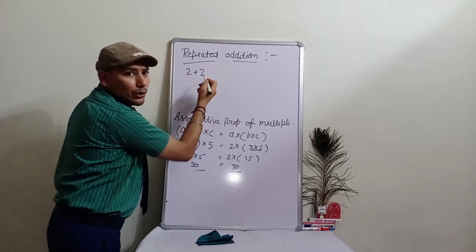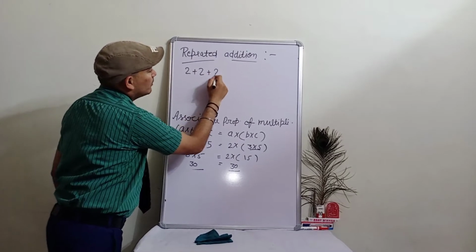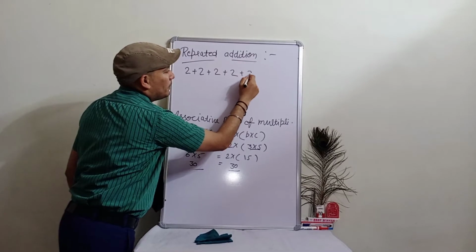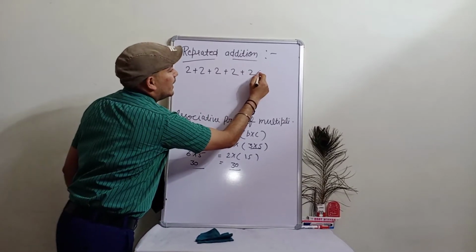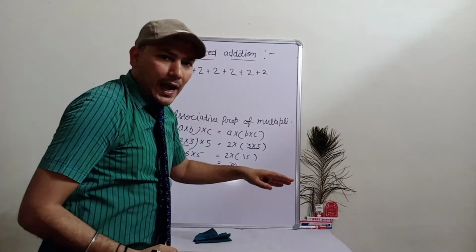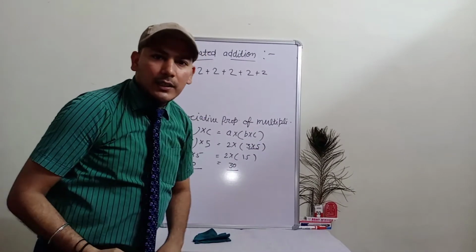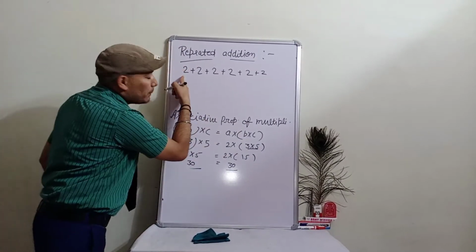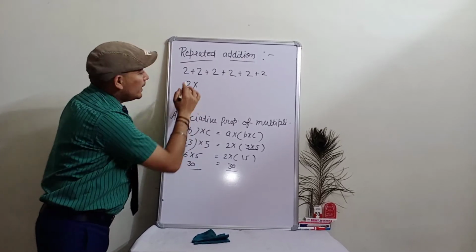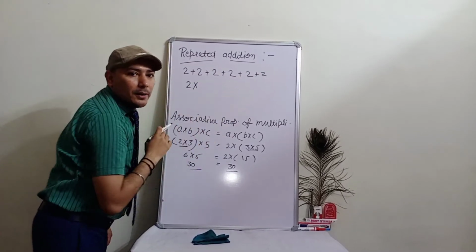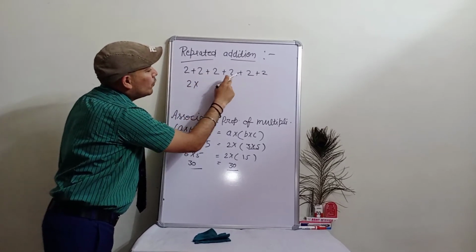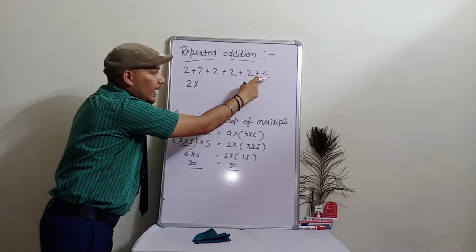What is repeating? 2, once again, once again, and once again. So if a number repeats many times in addition, what will we do? We will multiply that number by the number of times it repeats. How many times does this number repeat? 1, 2, 3, 4, 5, 6. So 2 is repeated 6 times here.